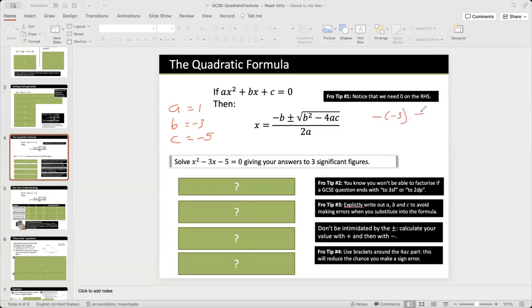And you see plus or minus the square root of b squared, that's minus 3 squared, minus 4 times 1 times minus 5. Everything over 2 times 1.